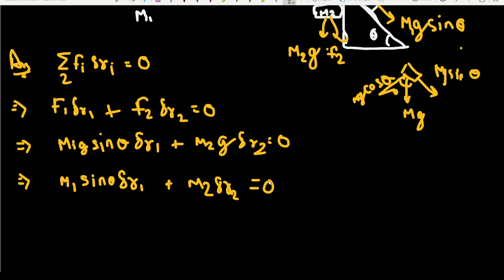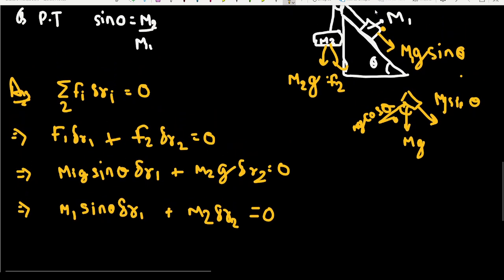Now listen carefully. Suppose this is the A block and this is the B block. Suppose this A block moves in a certain direction, δr1.